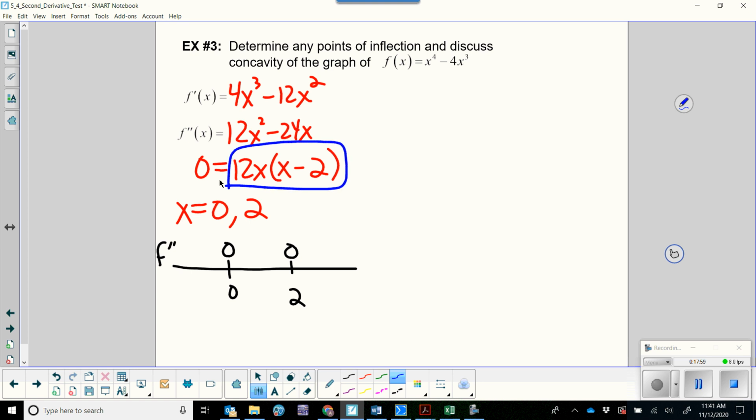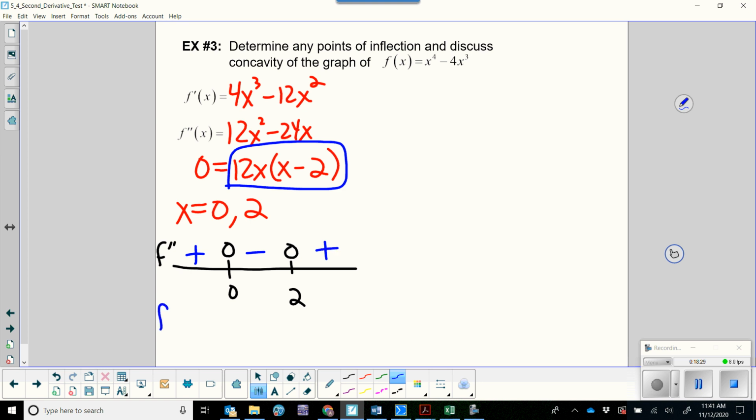So if I pick, say, -1, which is less than 0, I'll have -1 times 12, so that's negative. -1 minus 2 is also negative, so I'm going to get negative times negative, which is positive. Then I'm going to go between 0 and 2, so like pick 1. So I'm going to get positive times negative, so that's going to be negative. If I plug in a number bigger than 2, I'm going to get positive times positive, which is positive.